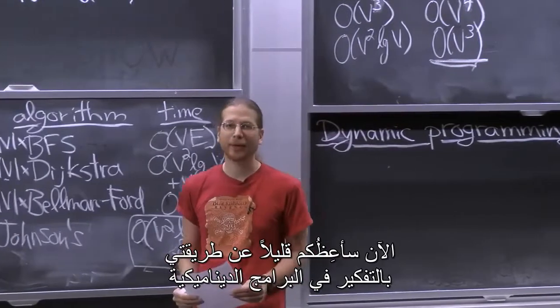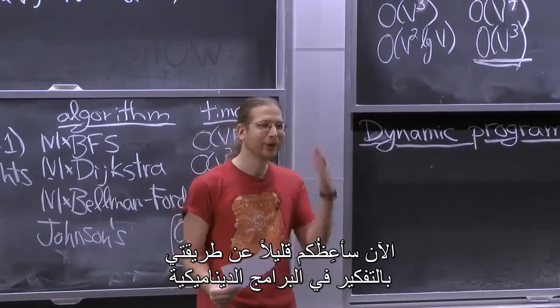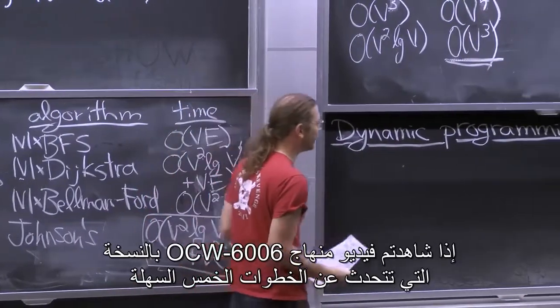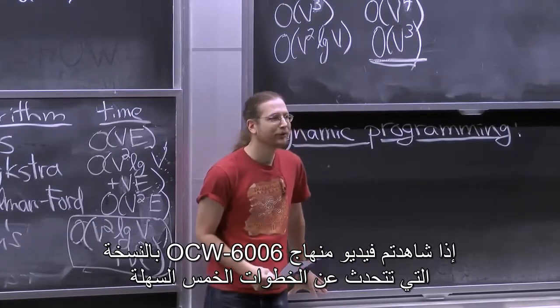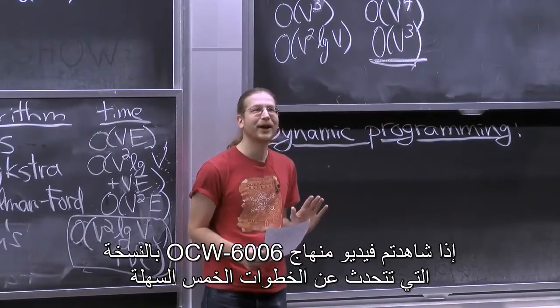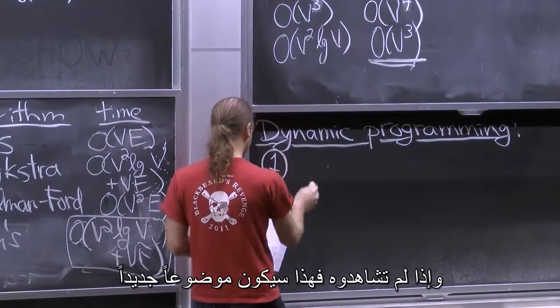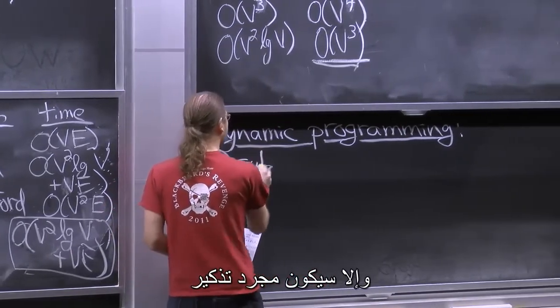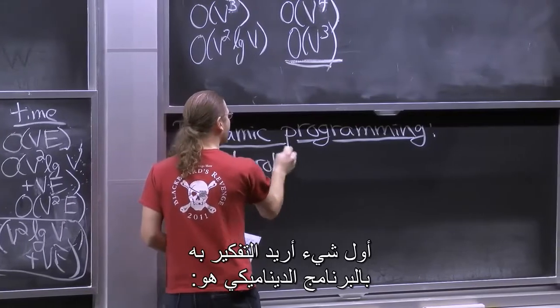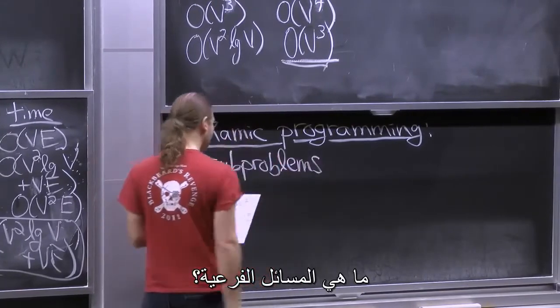Now, I'm going to preach to you a little bit about my way of thinking about dynamic programs. If you've watched the 006 OCW version, you've seen the five easy steps to dynamic programming. If you haven't, this will be new. Otherwise, a reminder. First thing I like to think about in a dynamic program is what are the subproblems.